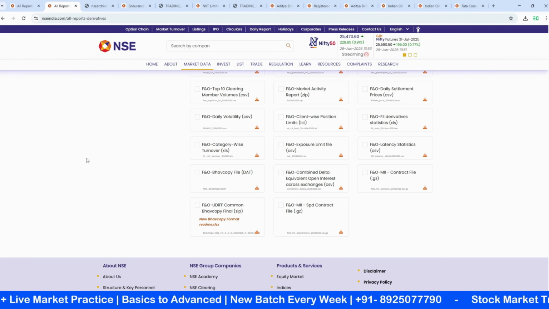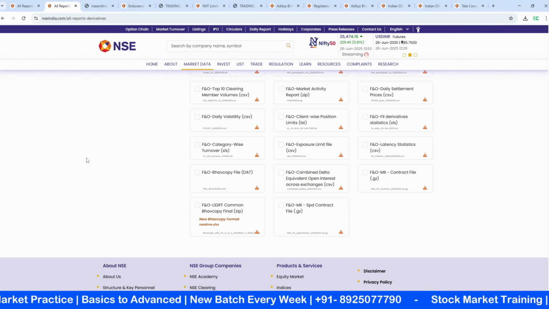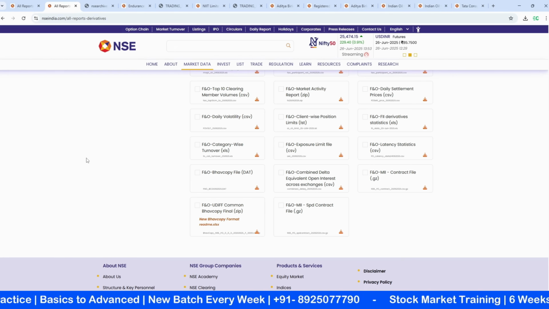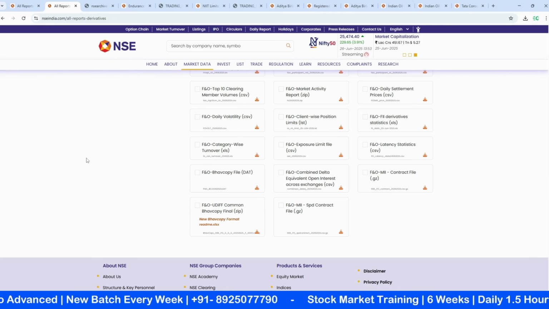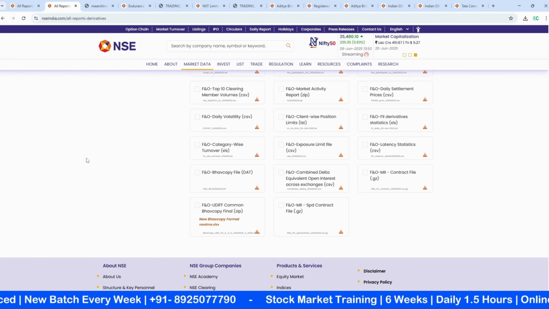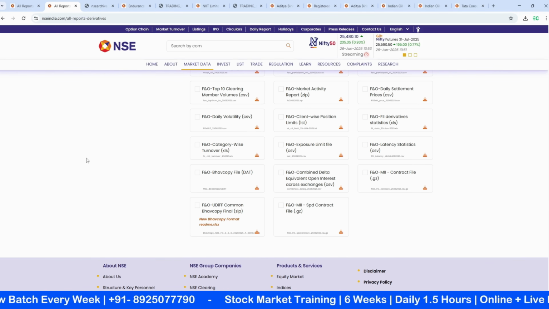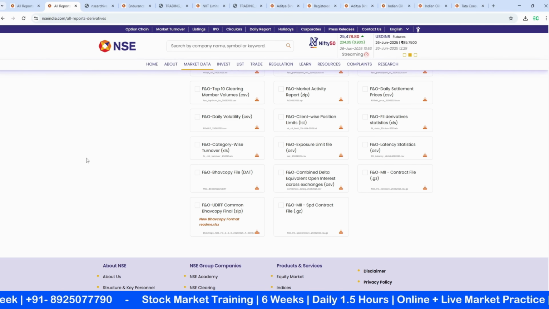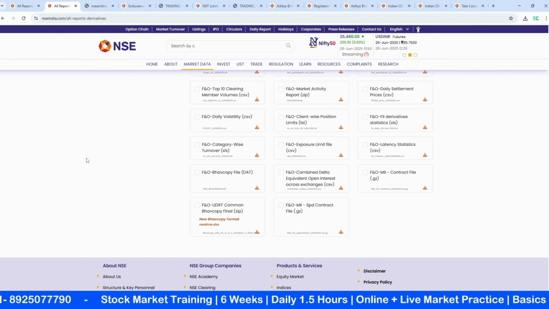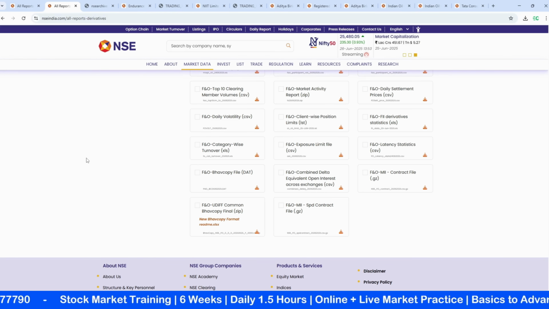So as an investor or trader, you have the right to use this information. Make use of it. Just because it is freely available, don't underestimate it. It is very powerful, more than many paid tools. Just because it is freely available, don't overlook it. Go for it and get the best out of it.